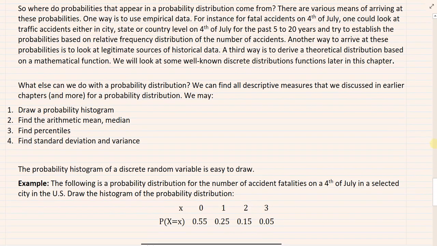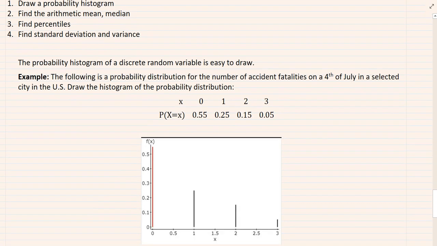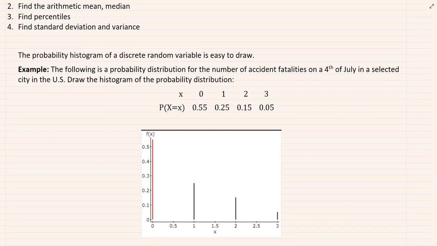And let's take a look at the probability histogram here. Now, the probability histogram of a discrete random variable looks slightly different than a histogram of a continuous variable. Let me also mention that in some textbooks, including the book we're using in this course, the book actually uses a continuous bar.